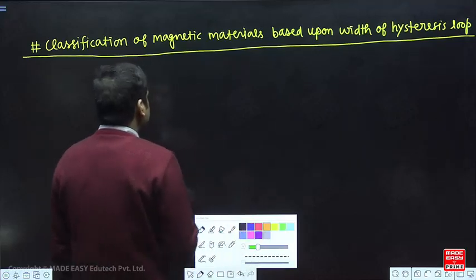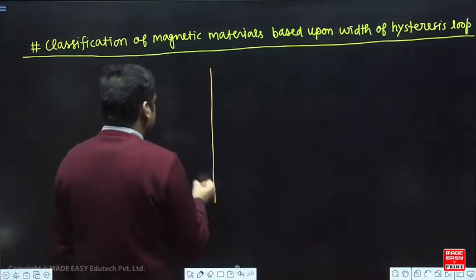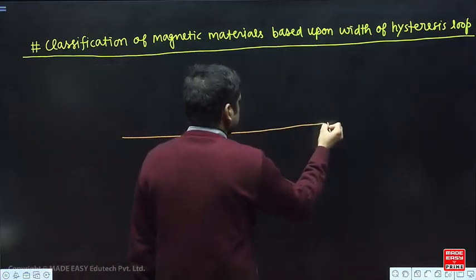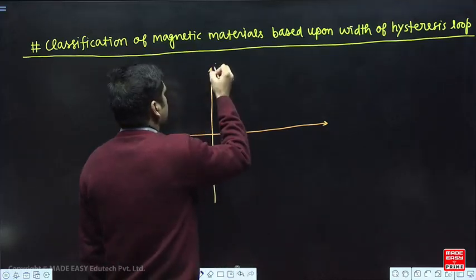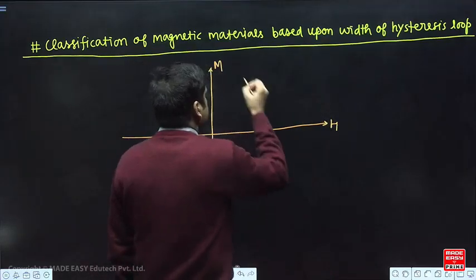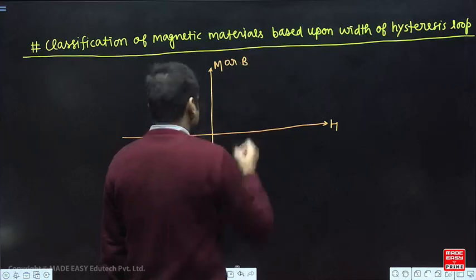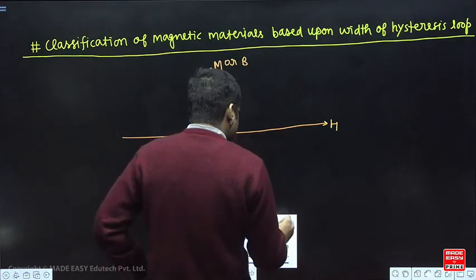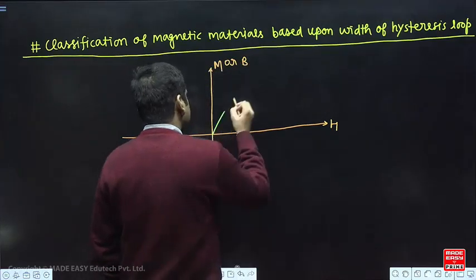So magnetic materials can be classified broadly as two types. You see, this is M versus H, or B versus H. So one classification can be like this.